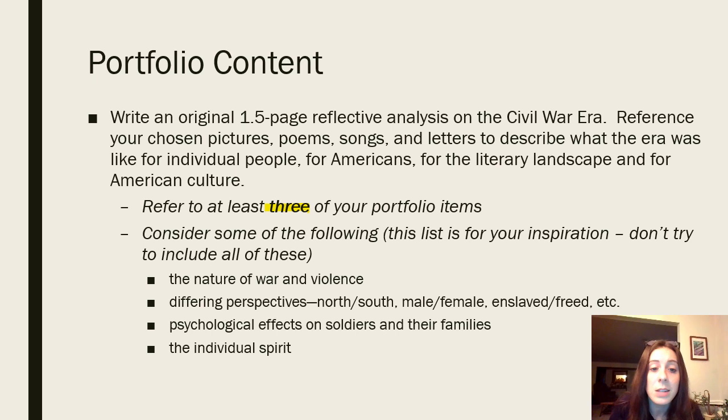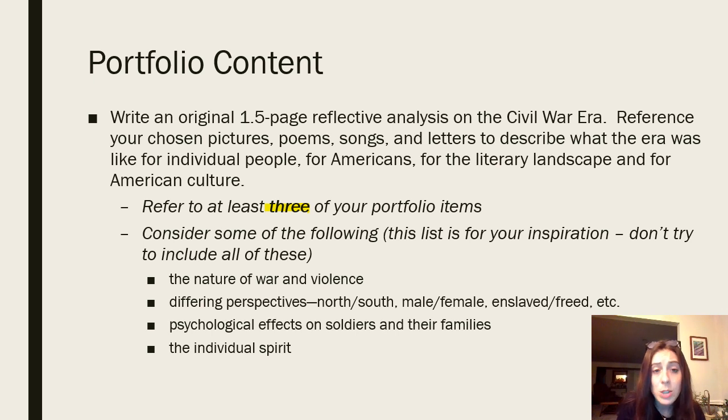And then some other things that you can consider in your writing. This is just for inspiration. You don't need to cover all of them, but I think it's a helpful list to start with as you're reflecting. Is the nature of war and the nature of violence at this time. You can be looking at differing perspectives because your portfolio is definitely going to have some different perspectives in it.